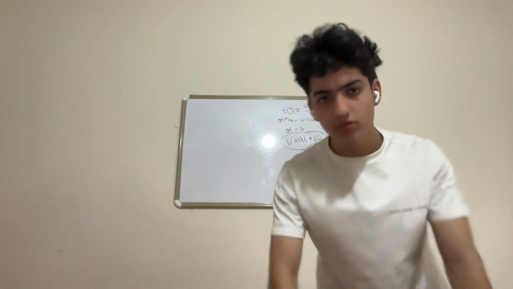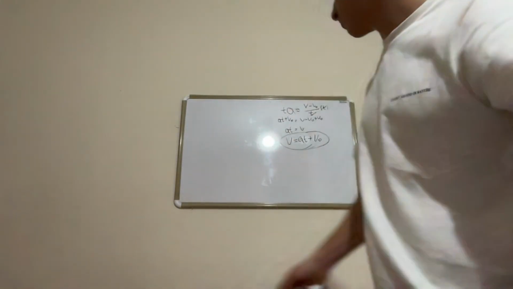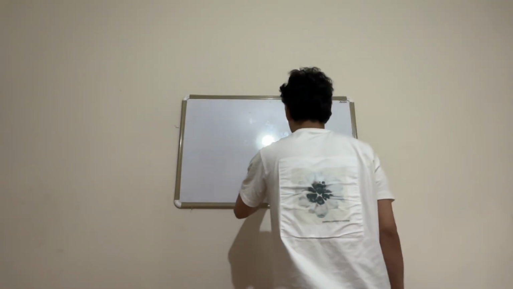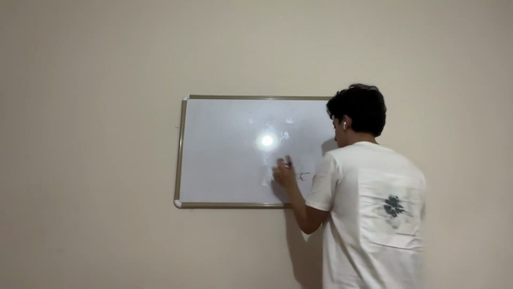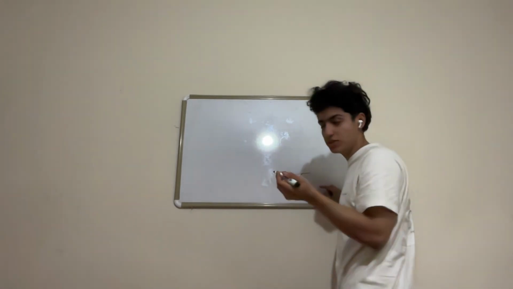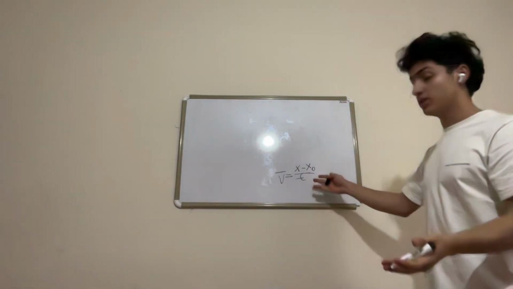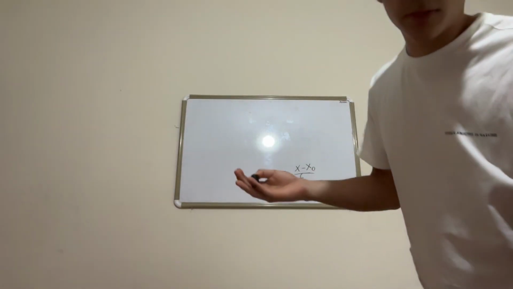Now let's say we also want to know the position, because sometimes we also want to know the position. We can get the position of an object from the average velocity equation, right? The average velocity equation, I haven't written it down. It's basically delta x over time, where delta x is the change in position, so final position minus initial position. In this case we can solve for the final position, because that's what we want, right?